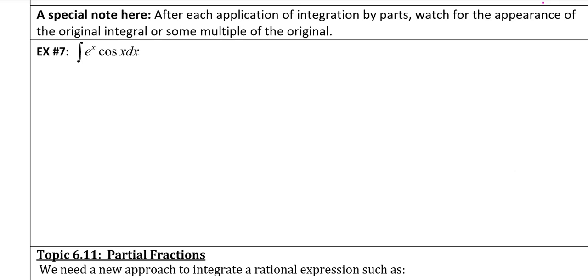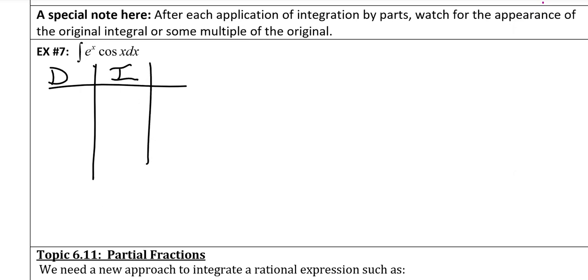So here is my u and my dv and then my signs. I'm using e to the x for u, and then I'm going to use cosine x dx for my dv. So my first term, I take the derivative the first time, I get e to the x.